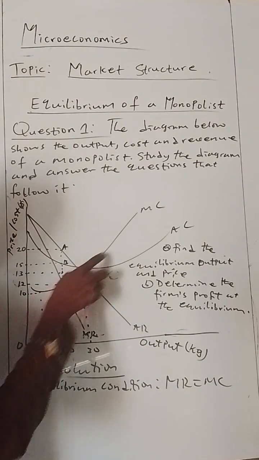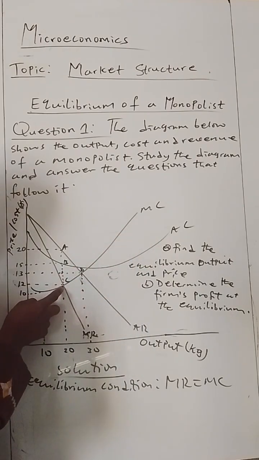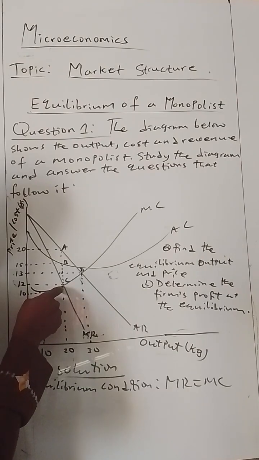This is MR, this is MC. The essence of naming the point is to make it easier for me to make reference to them. So this is point C, that is where they meet. So point C represents the equilibrium point.